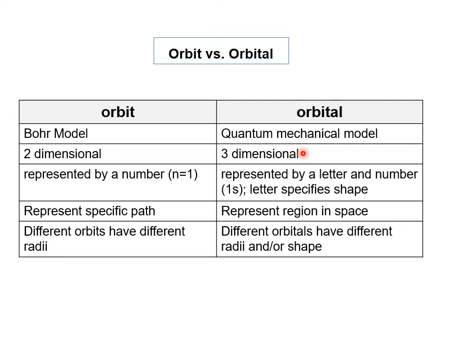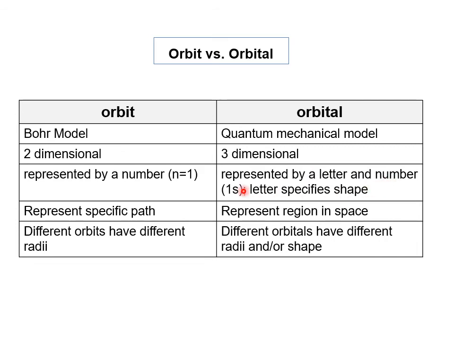In the quantum mechanical model, we saw one of those orbitals is a sphere. The orbits are represented by a quantum number. We saw n equals 1, 2, 3, 4, and it keeps getting bigger and bigger as the orbit gets bigger and bigger. With the orbitals, they're represented by both a letter and a number.